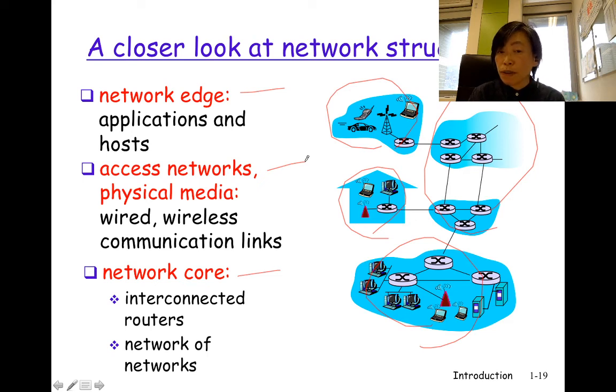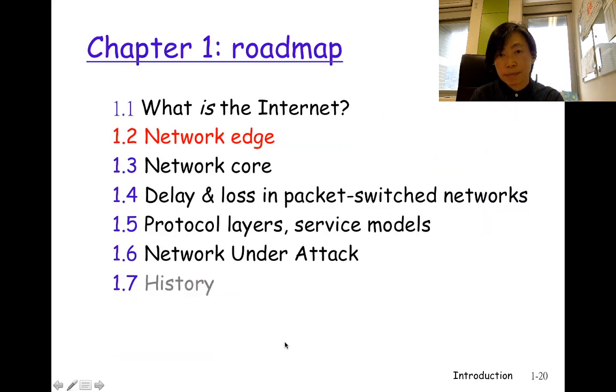There are all sorts of communication links, wired or wireless. In the internet core or network core, there are a bunch of internet routers that eventually form a network of networks. That should give you a rough idea of how the internet is physically.